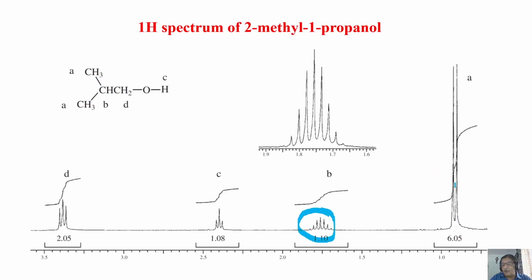And the very fact we have only two peaks present here, a doublet of equal intensity, means these two CH3s are chemically equivalent and should give a single peak. But because of coupling with the CH, it is a doublet. This analysis becomes simple, very clear now. We have assigned all the peaks. We have looked at the multiplicity pattern, and it matches with our molecular formula and structure given.